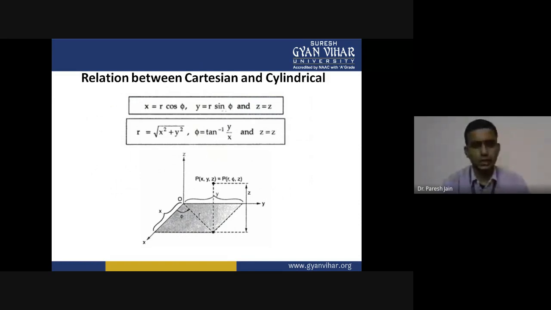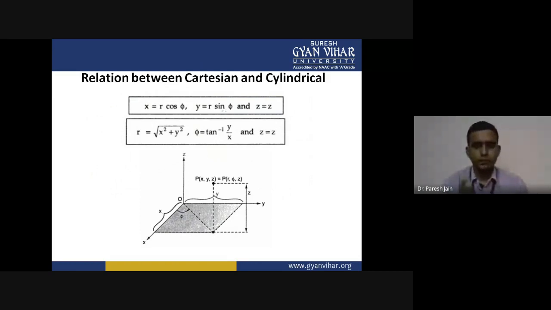R is our quantity in the cylindrical coordinate system, and x and y are in the Cartesian system. R is defined by the under root x square plus y square. So this is the relationship between the cylindrical coordinate and Cartesian coordinate system.